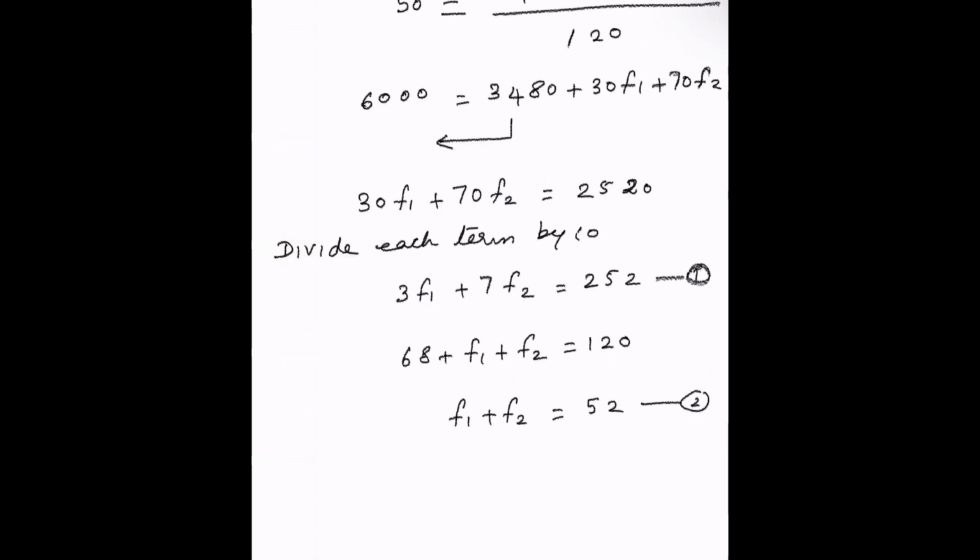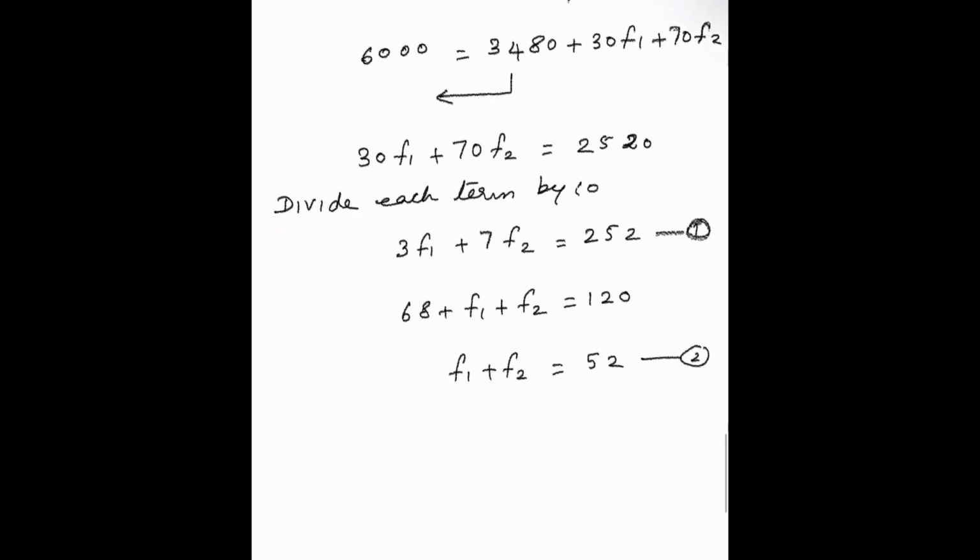Now we have to use simultaneous equations approach and solve it. What I'll do is f1 is equal to 52 minus f2. I'm doing substitution method.